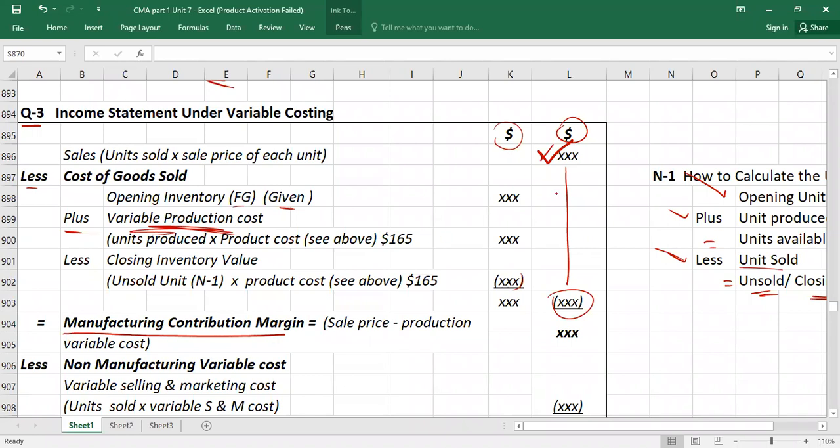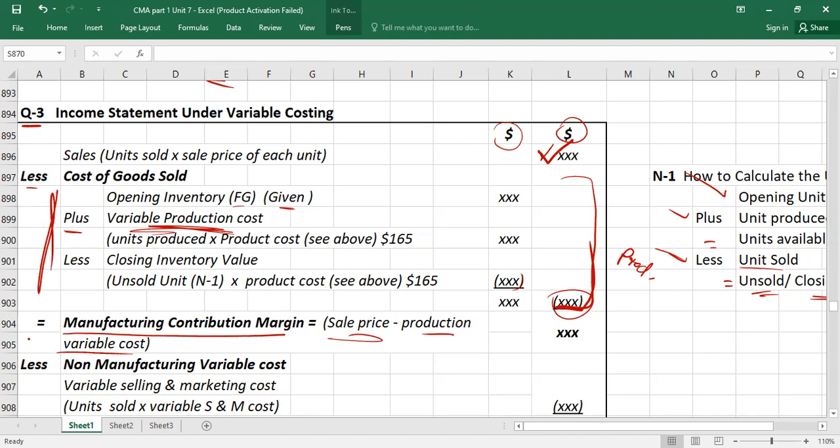And this section of the variable costing is your product cost section, the cost of goods sold section. Understood? And manufacturing contribution margin, here it's written as a shortcut. How will you calculate it? Sales price less production variable cost.